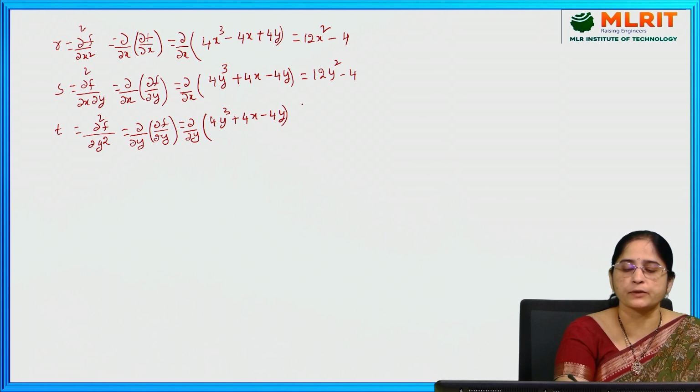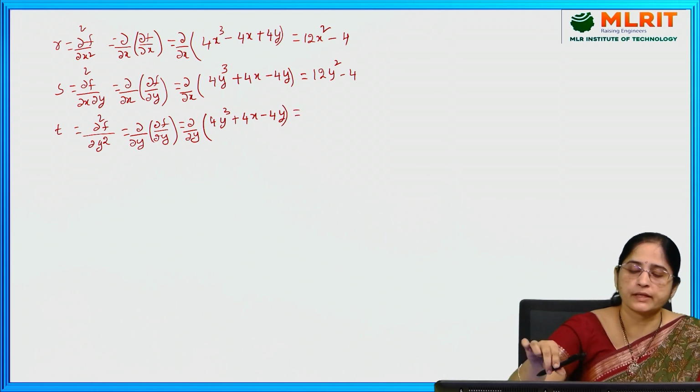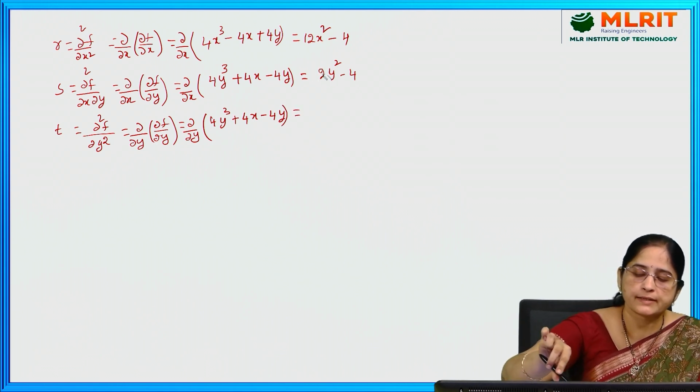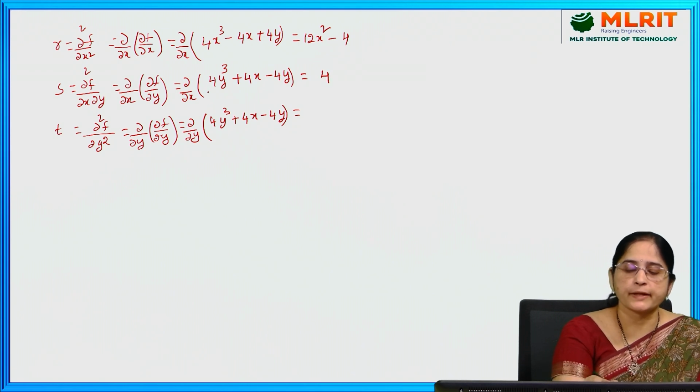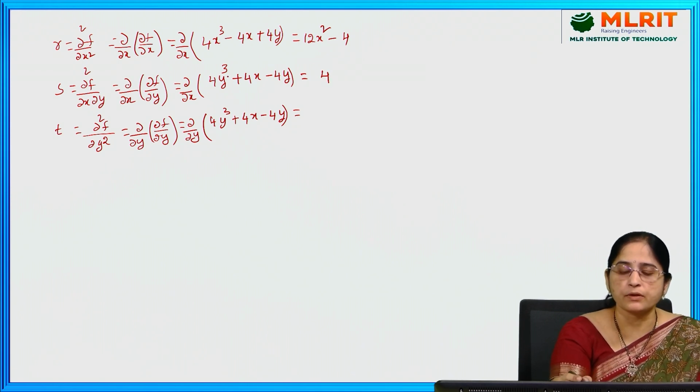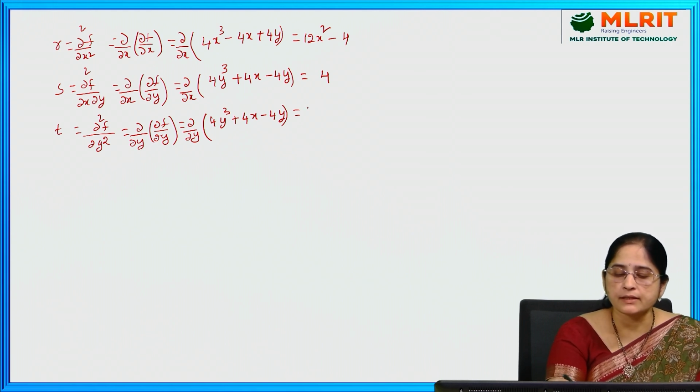Derivative with respect to y, so this is 12y square minus 4.